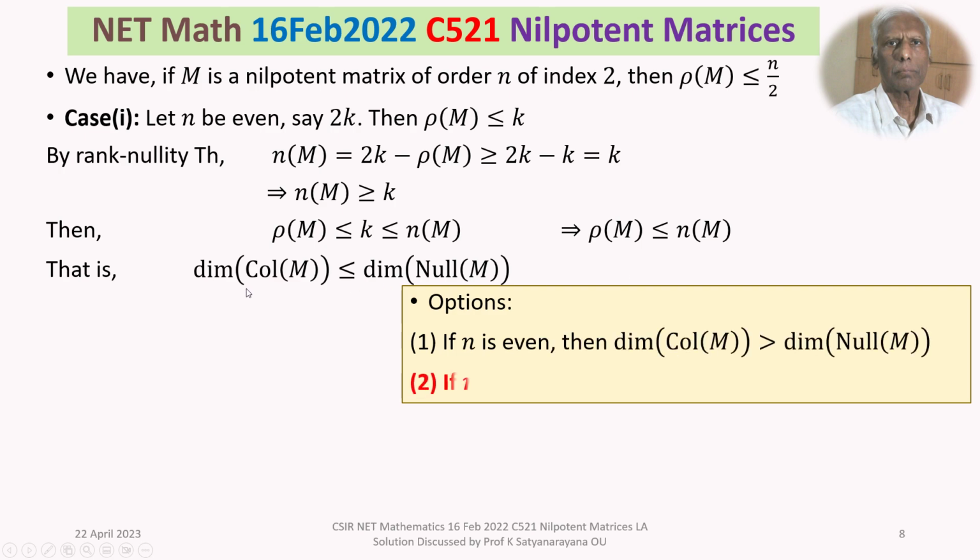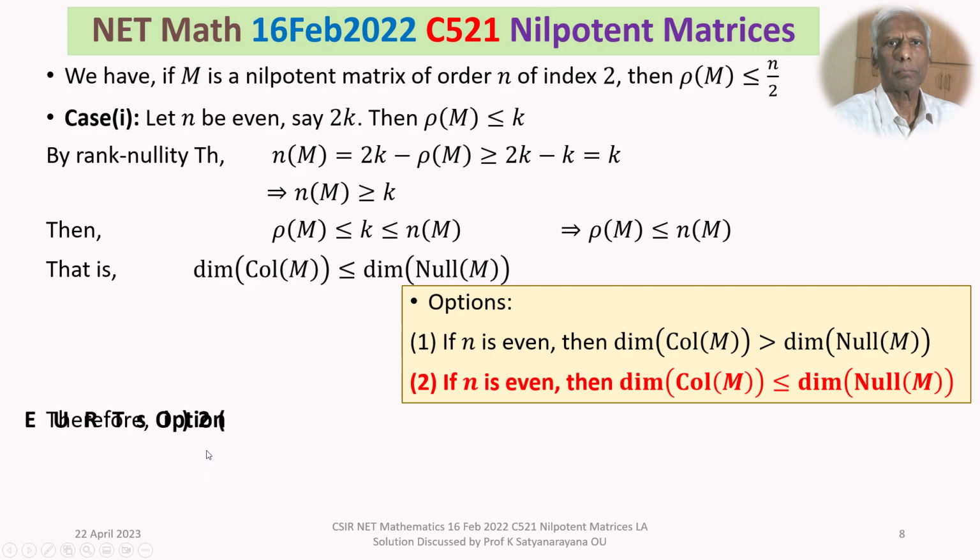And the result we have just proved, the dimension of the column space of M less than or equal to dimension of the null space of M, appears against option 2. Therefore, option 2 is true. And in the light of this result, the above option 1 is not true. So, thus we have proved option 2 is true and option 1 is not true.